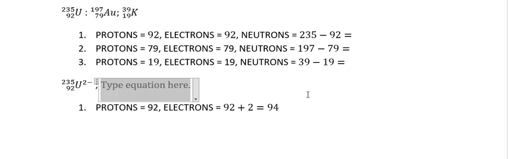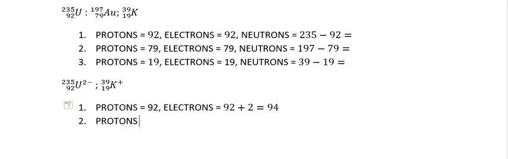So if I have, maybe let me take potassium. If I have potassium and I put plus, now the protons will still remain the same. The number of protons does not change, it is still equal to 19. What will change now is the electrons. If I have a plus, it means that I have lost an electron. So plus for loss, so try to write it down.